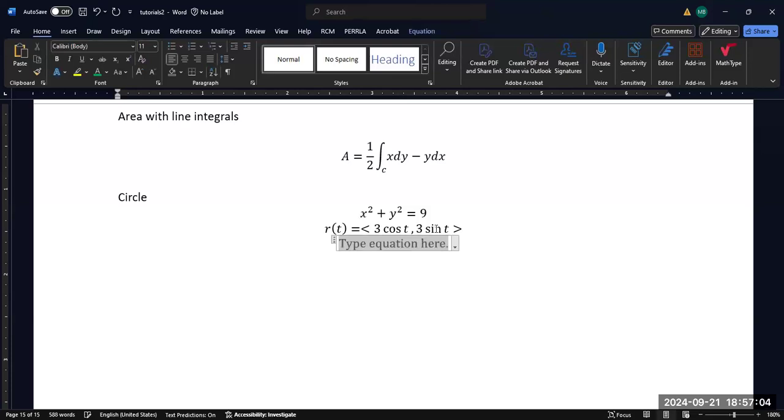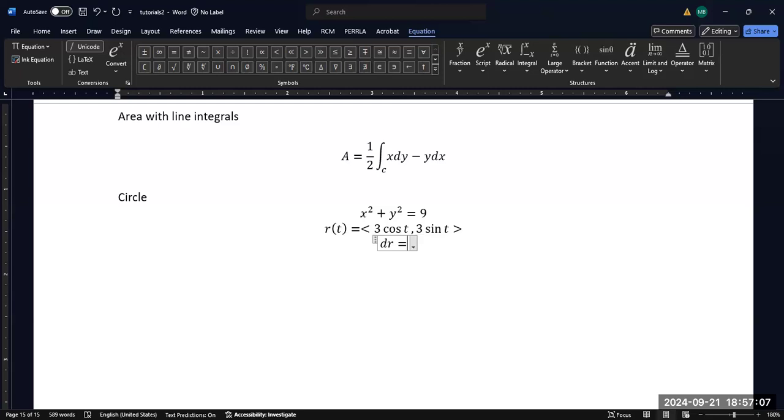And then to get our dr, so our dx and our dy, we would then take our derivatives, right? So minus 3 sine t and 3 cosine t. And then each of these times dt.